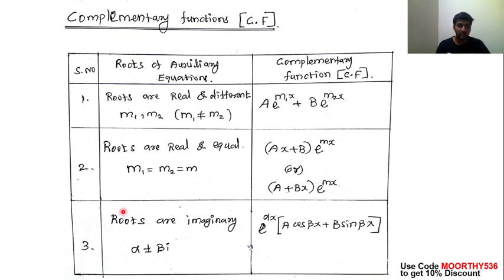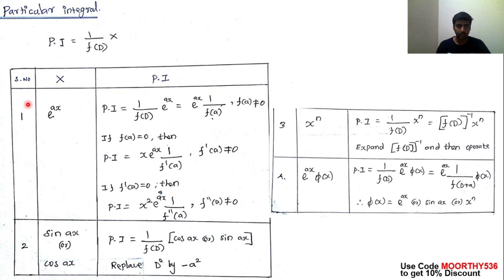Now coming to the equation as per this content, the particular integral formulas. The particular integral for the differential equation is 1 divided by f of D into X. Here f of D is the differential operator, that is the LHS of the given differential equation.